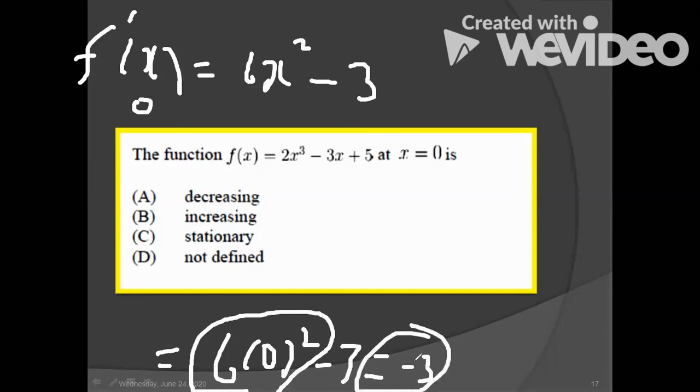This value is negative, meaning it is less than 0, so the function is decreasing. The answer there would have been A. If it was positive 3, it would mean the function is increasing.